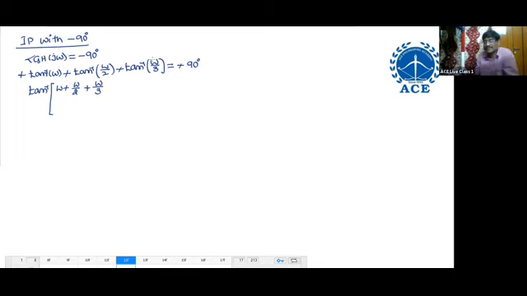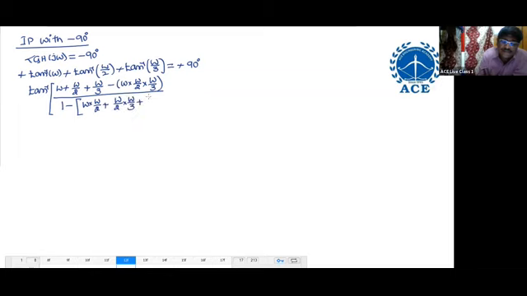Or use the three-term formula directly: tan inverse A plus tan inverse B plus tan inverse C equals tan inverse of (A plus B plus C minus ABC) divided by (1 minus AB plus BC plus CA). Now it equals 90 degrees.